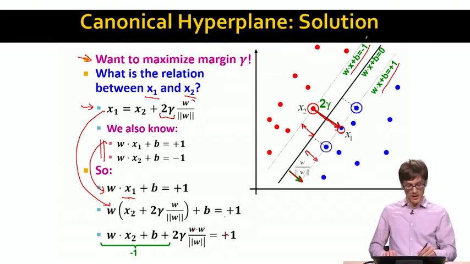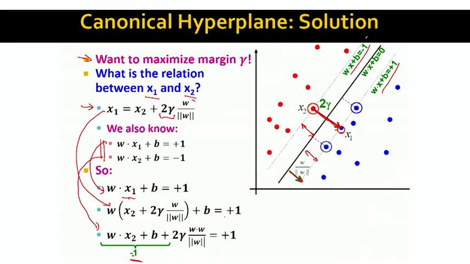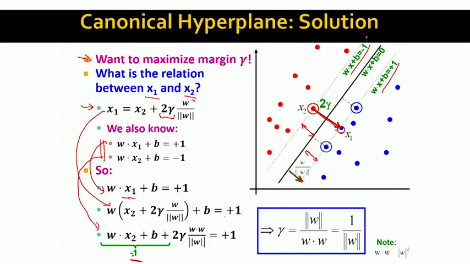What we notice now is that I can use the last equation and notice that w x2 plus b equals minus 1. That's the first thing we notice. And this already solves the whole equation for gamma, right? What we see is that we can solve now for gamma.